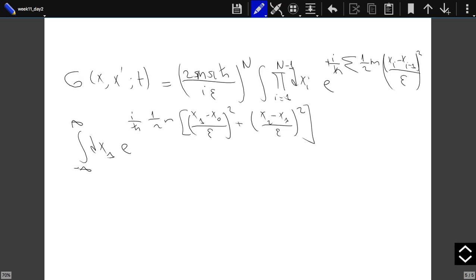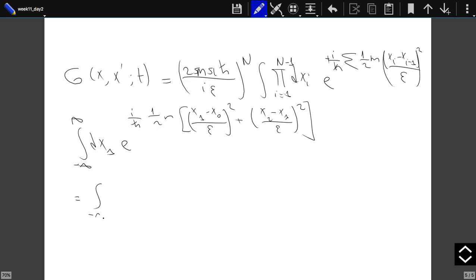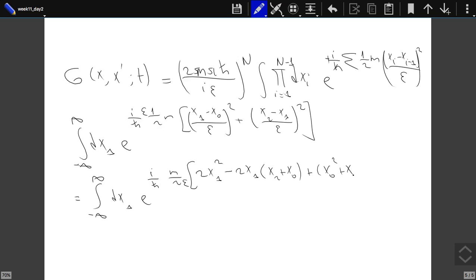This is equal to minus infinity to infinity dx1 e to the power i over h bar m over 2. Well, there's also epsilon over here, so let's take the epsilon squared out. What is left is twice x1 squared minus twice x1 x2 plus x0, and plus x0 squared plus x2 squared.